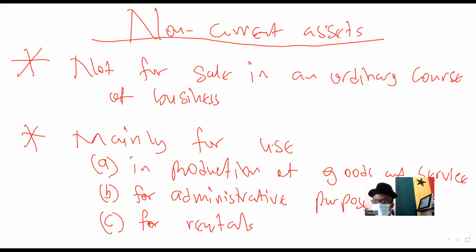First, non-current assets exist for three issues. They exist not for sale, please, and they exist mainly for use.